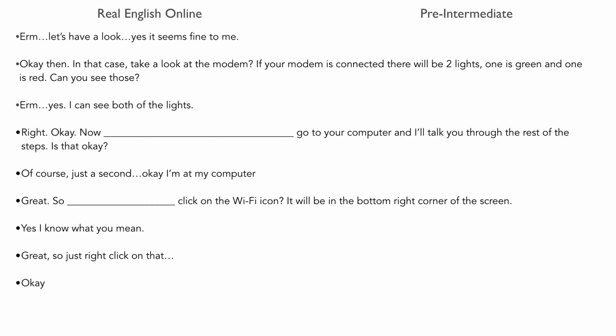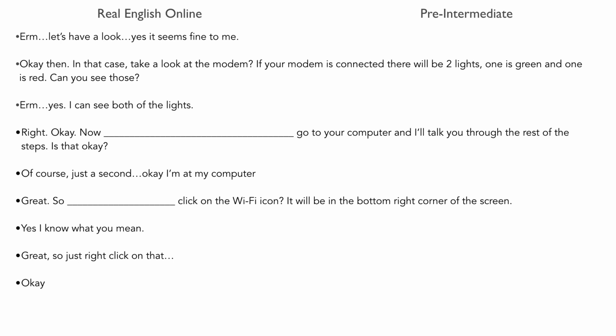Let's have a look. Yes, it seems fine to me. Okay then. In that case, could you please look at the modem? If your modem is connected, there will be two lights. One is green and one is red. Can you see those? Yes, I can see both of the lights. Right. Okay. Now, could you please go to your computer and I'll talk you through the rest of the steps. Is that okay? Of course, just a second.